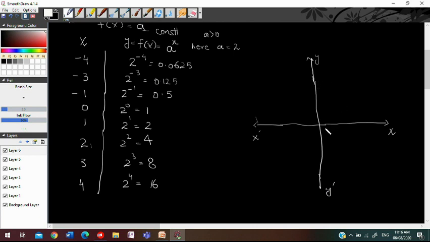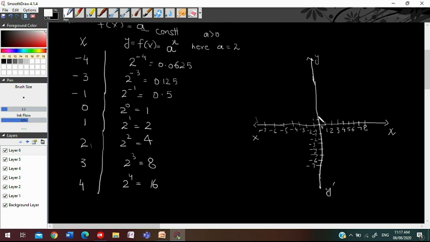We know that this is the positive side of x, and this is the center point 0, then 1, 2, 3, 4, 5, 6, 7, 8. Again -1, -2, -3, -4, -5, -6, -7, and so on. Similarly on the y-axis.